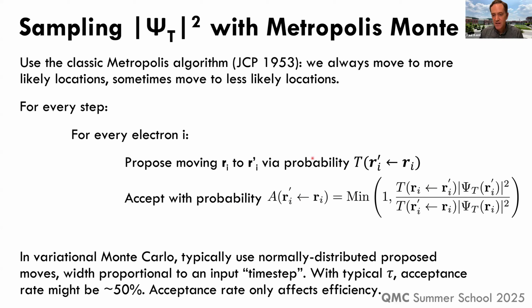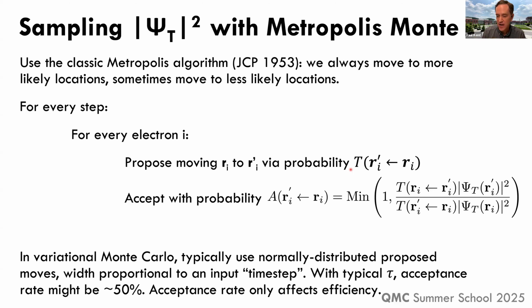How do we generate these new configurations? Normally there's a normal or Gaussian distribution to the proposed moves whose width is proportional to a time step, quote unquote, but it's really the width of the distribution, how large the steps are going to be on average.